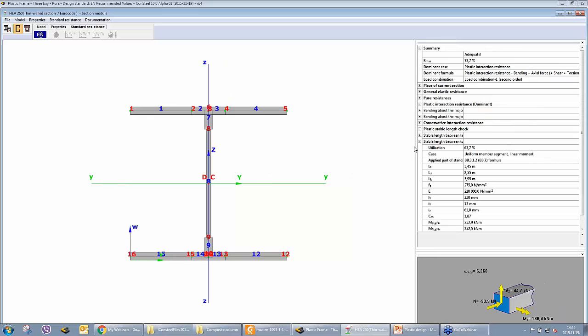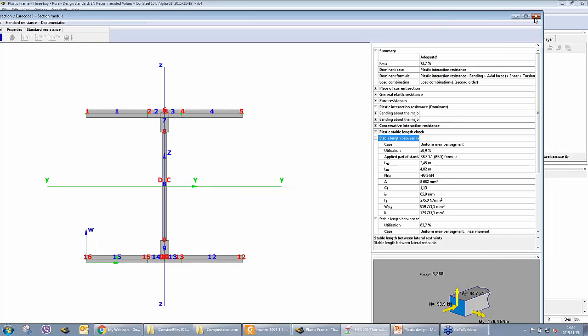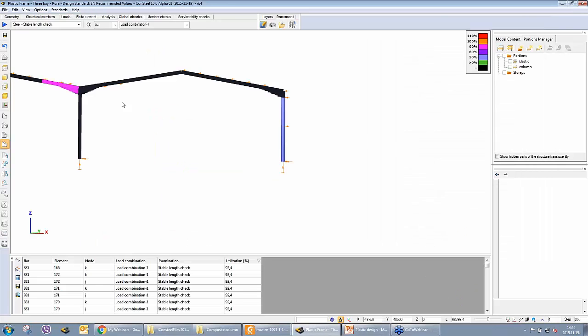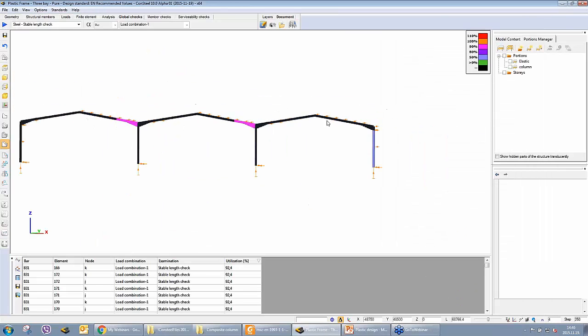Plastic stable length, it is adequate for torsional mode and lateral mode as well. And of course, for stability, the rest of the elements are checked using the elastic method, the global stability resistance, and we can see that it is also adequate everywhere in the calculation.